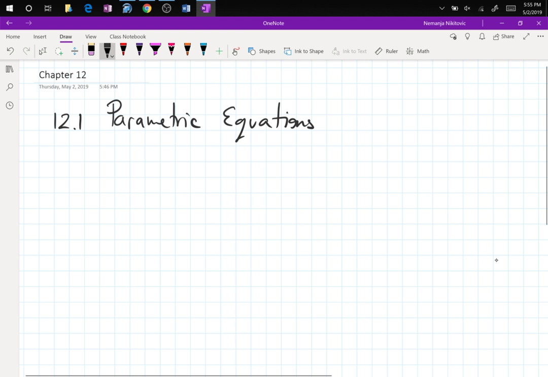Now, parametric equations will take your regular equations that you know and love, y equal f of x, and they will separate the two dimensions, dimension of x and dimension of y, into separate equations in terms of the newly introduced parameter, say t. And that t could represent time, for instance.